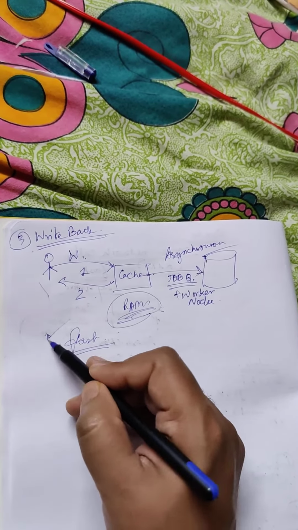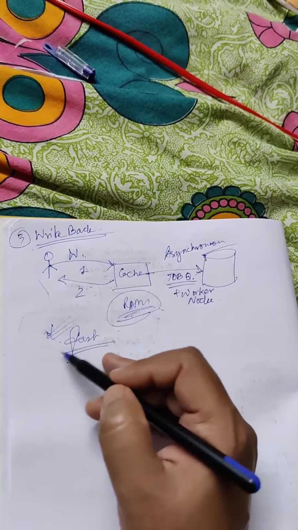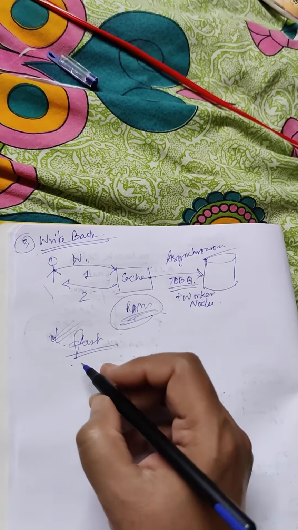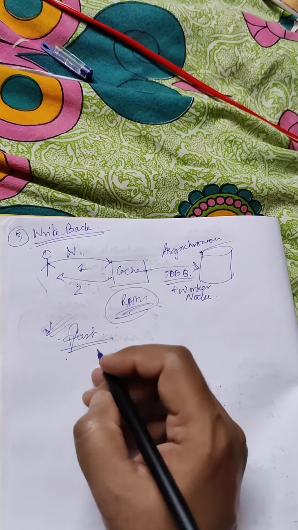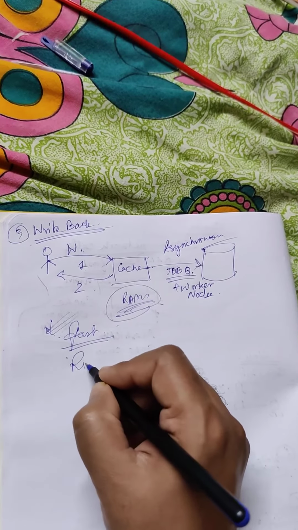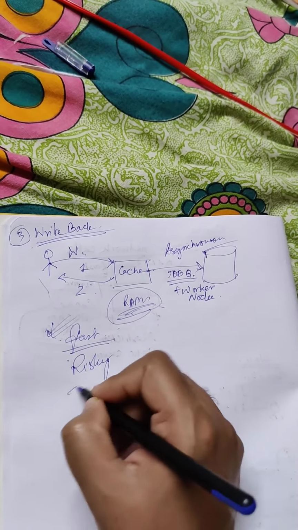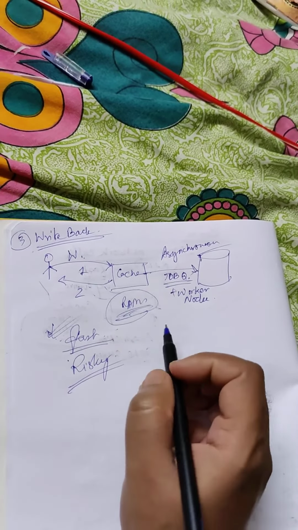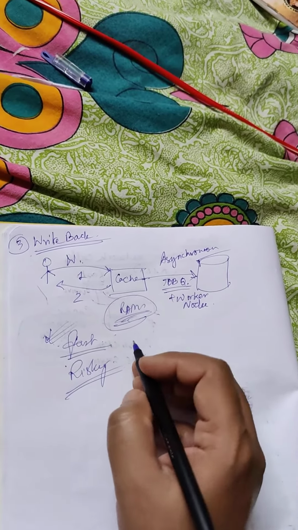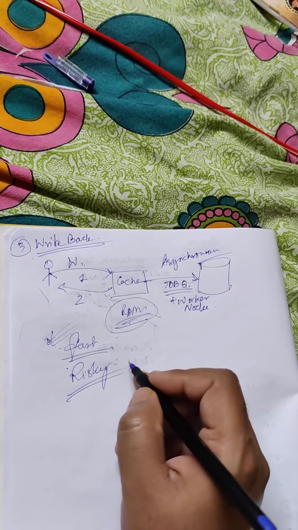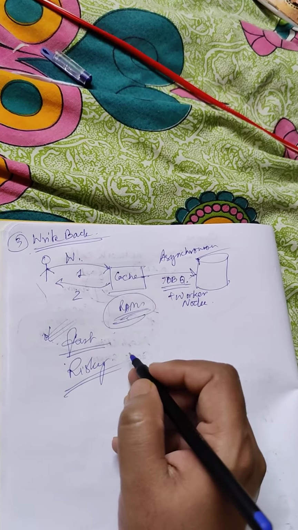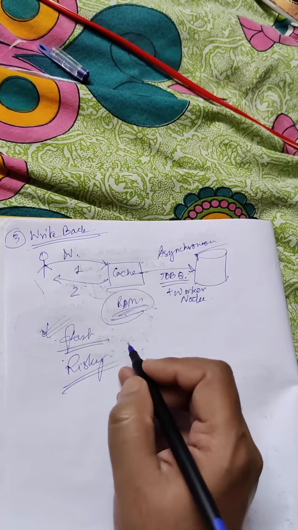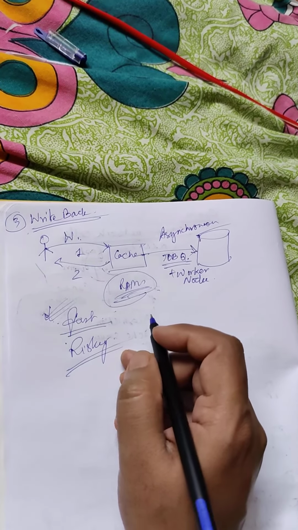That comes under advantages, but the downside is, sorry, it's very risky, right? It's a very risky approach, because if somehow this cache server goes down, you will lose your data. So it's risky in terms of storing your data, as there is a chance of losing it, right?